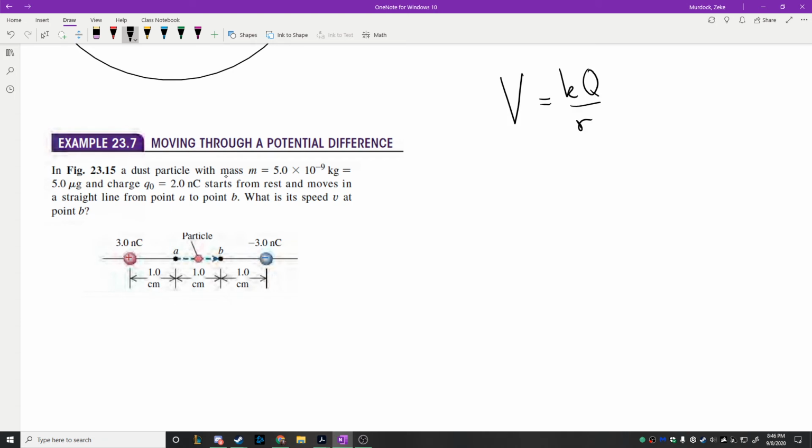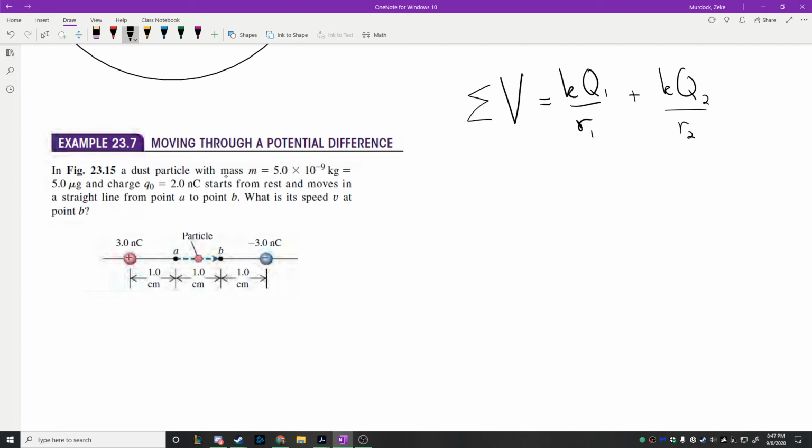One thing I'll mention is that electric potential is a scalar. So if I have multiple charges, then to find the total electric potential due to multiple charges, you basically can just add up the individual potentials. So if I have one charge here, and another charge here, I can literally just sum the potentials.